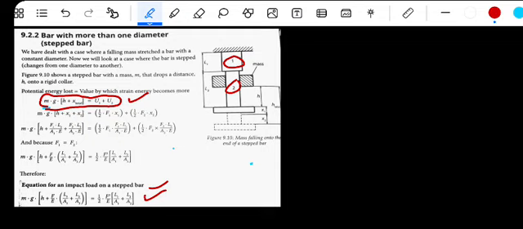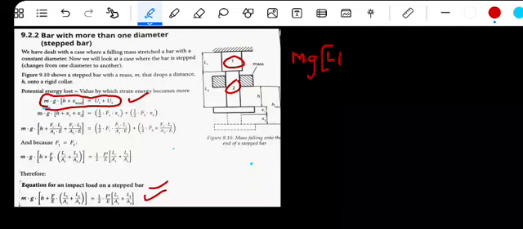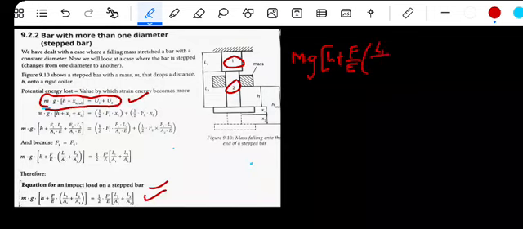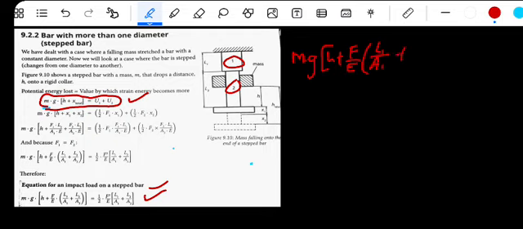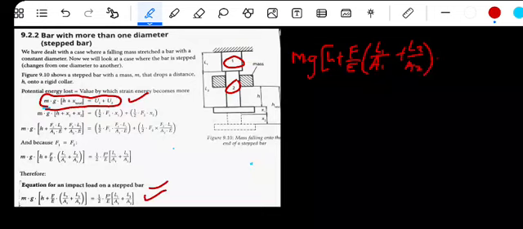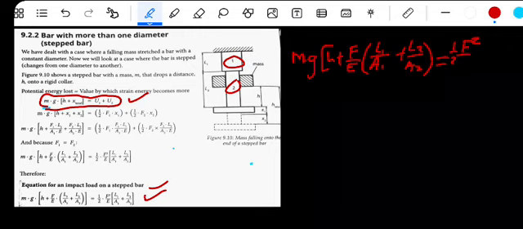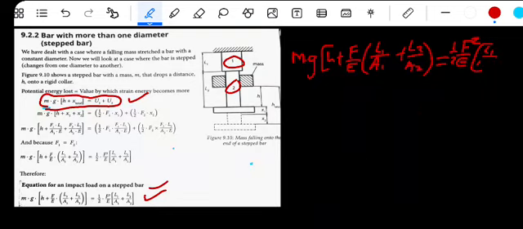For a stepped bar, mass multiplied by gravity into h plus F over E, Young's modulus, multiplied by length of bar 1 over area of bar 1, plus length of the second bar over the area of bar 2, must be equal to 1 over 2 multiplied by F squared all over E, into L1 over area 1 plus L2 over area 2.